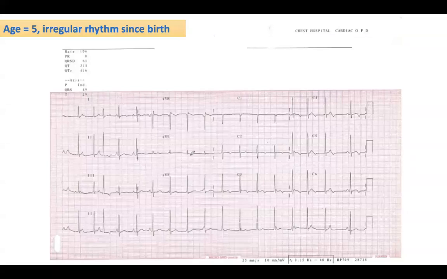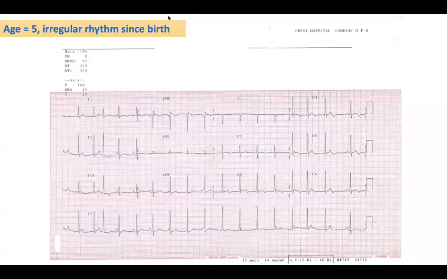Not super fast, but I think he is already on meds at the time of the ECG, so that's why the rate is not super fast, but it was a little bit faster than this off meds. So really quick, what strikes you on the ECG? Something that strikes you really quick.